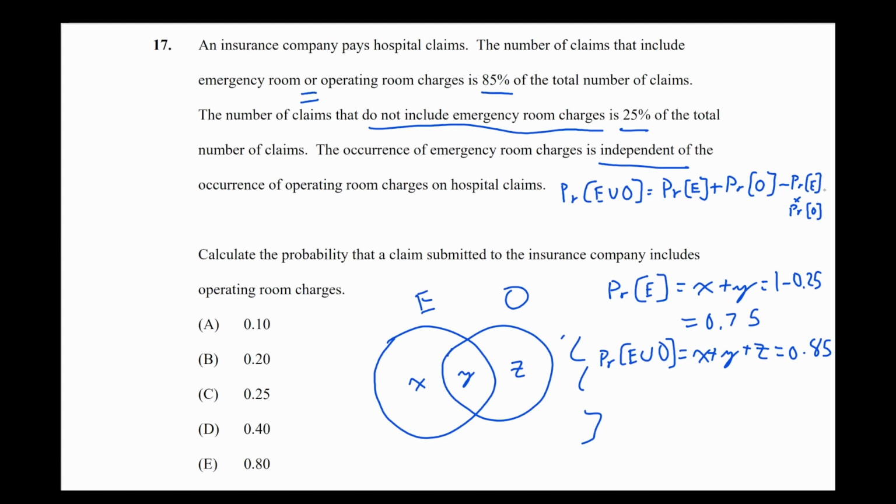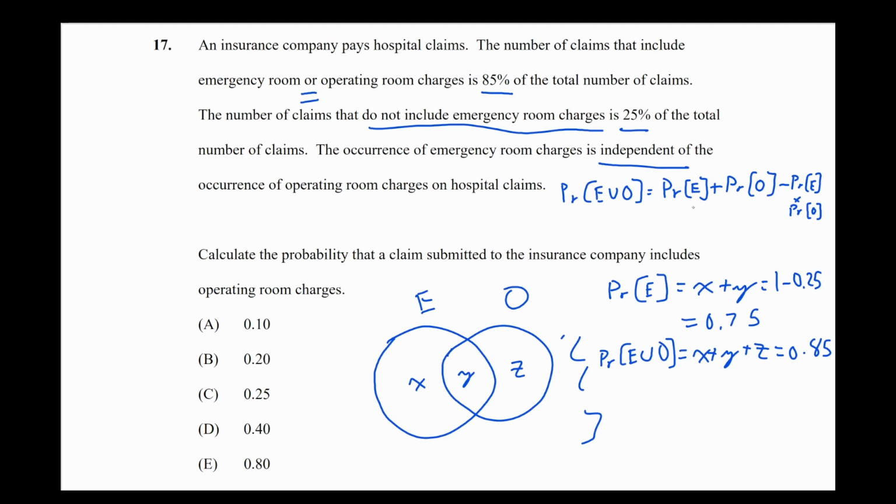The reason why we're using the probability of E times the probability of O is because we know that the occurrence of emergency room charges is independent of the occurrence of operating room charges. So because it's independent, we can get the probability of this intersection by multiplying these two different probabilities through the rules of intersections.